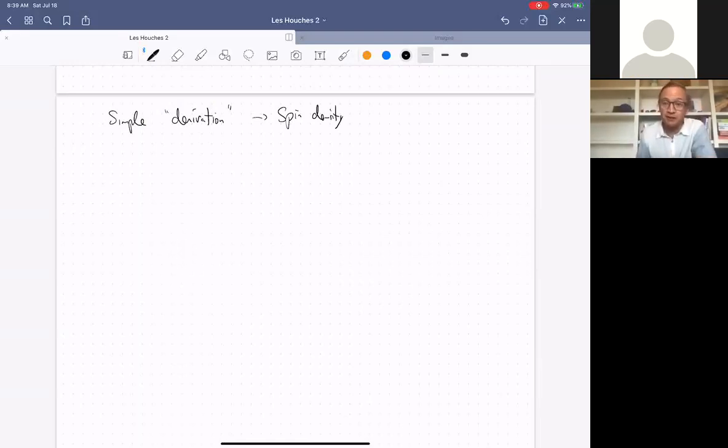But nevertheless, there's a spin density, which is a function of position. If we were to write it, the orientation will be determined by the local Néel vector. And it's periodic, so it can be expanded in a Fourier series.